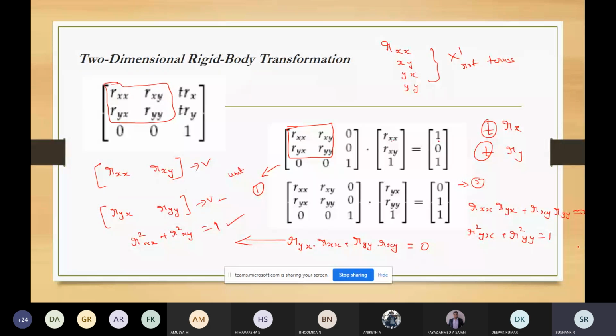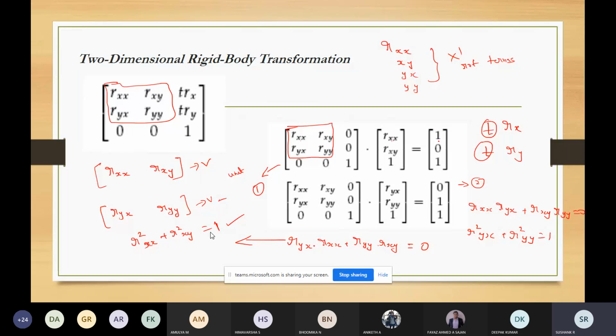When you are multiplying with different coordinates, it will be 0. When you are multiplying with the same coordinates, you will get the result as 1. That is the terminology: if the vectors are perpendicular to each other, then the dot product of those vectors will be 0.